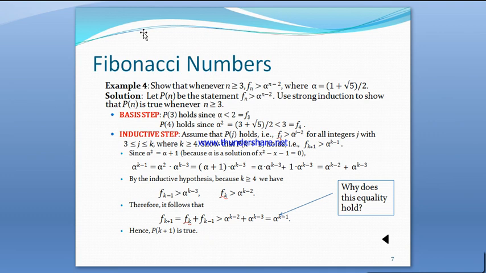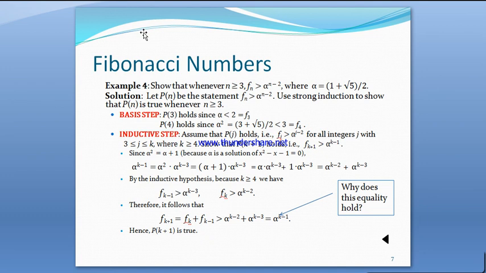But from the inductive hypothesis, we have supposed that fk is greater than alpha power k minus 2 and fk minus 1 is greater than alpha power k minus 3.